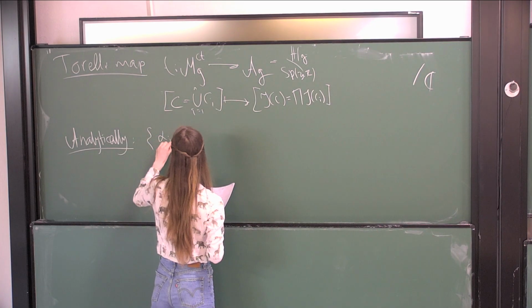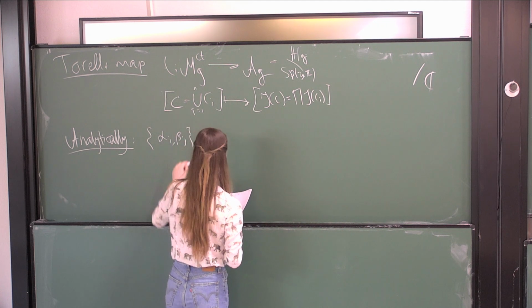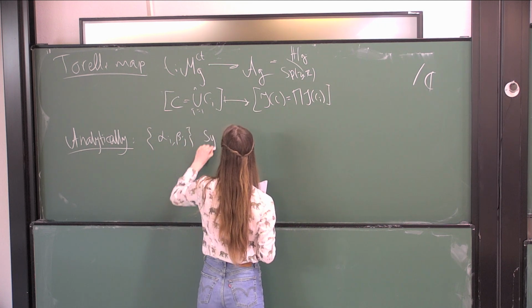First you take a symplectic basis for the first homology of the curve.